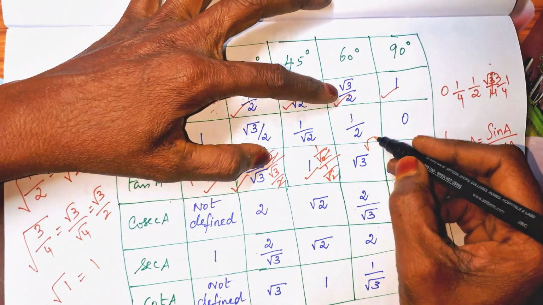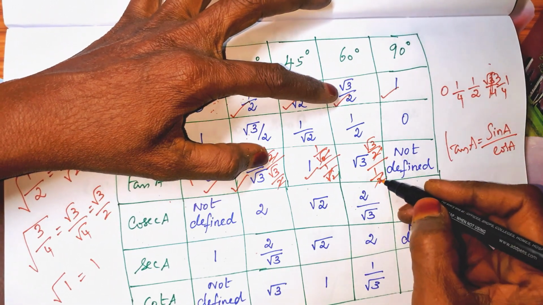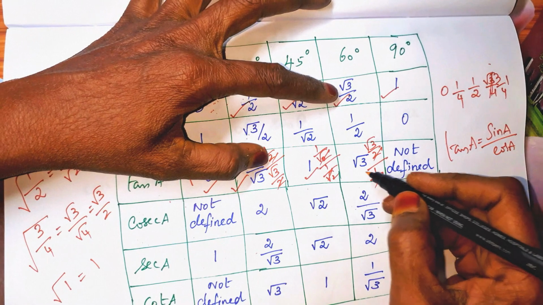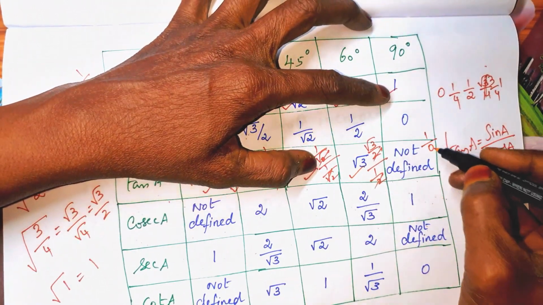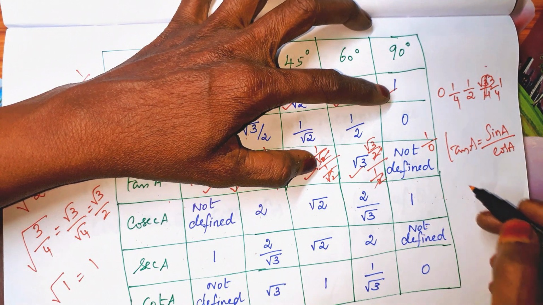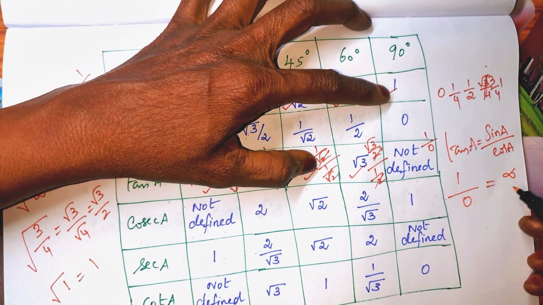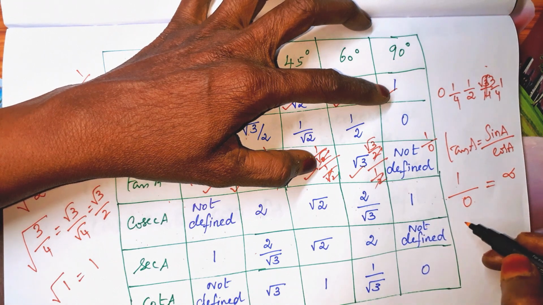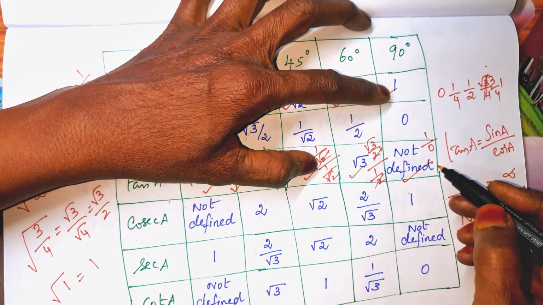For this, root 3 by 2 by 1 by 2; the 2 gets cancelled, root 3 by 1, that is root 3. For the final one, 1 by 0. What is the value of 1 by 0? It is infinity, which means the value is not defined.